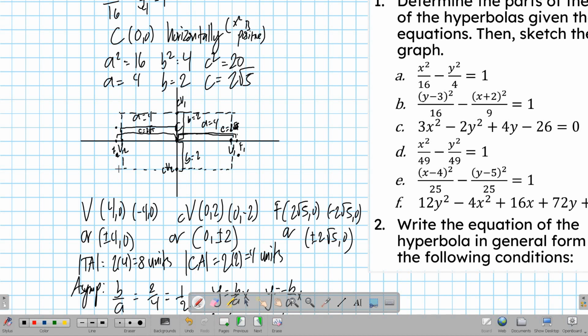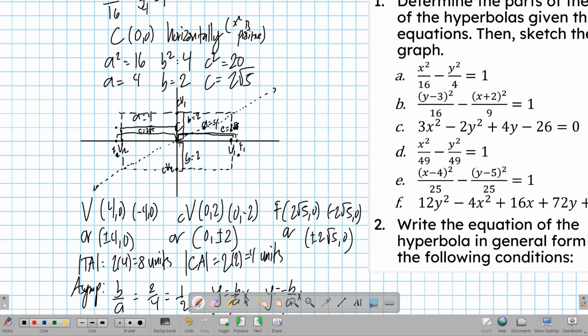Here. Now the graph of y is equal to 1 half x and y is equal to negative 1 half x must pass through the corners of this rectangle. So if I graph y is equal to 1 half x, the positive slope will go up 1 and go to the right 2. So it will somehow look like this line here. And align it. There you go.